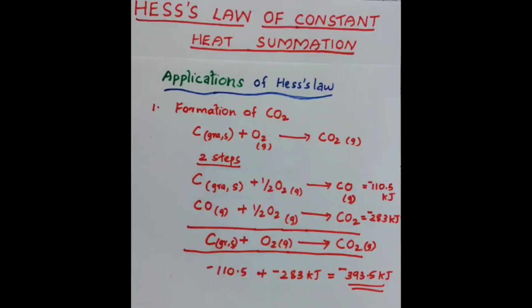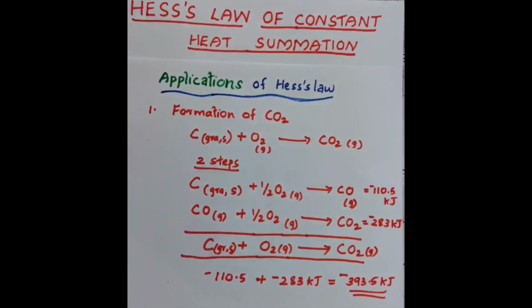Or we can define it like this: if a chemical reaction takes place in several steps, the enthalpy change of the overall reaction is the sum of the enthalpy changes of the individual reactions.